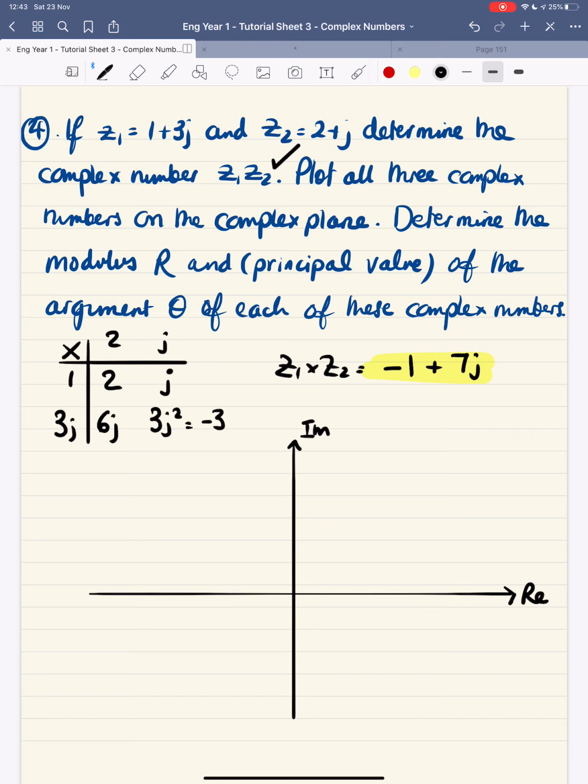Okay, so z1 is 1 plus 3j, 1, 2, 3. So that's z1. z2 is 2 plus 1j, which is about there. And z1 times z2 is minus 1 plus 7j, which is about up there.